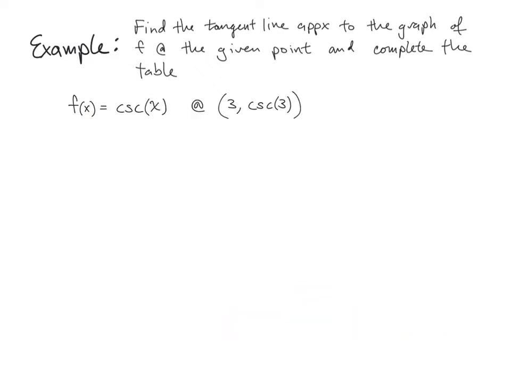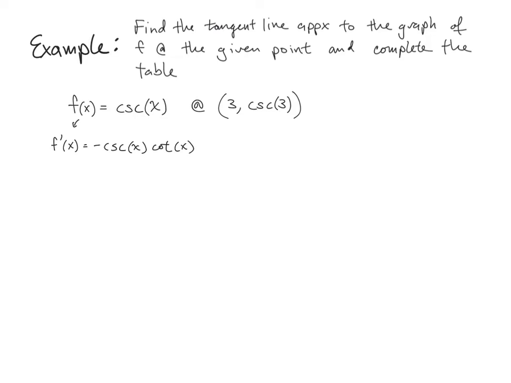So for the second example here, we are going to find the tangent line approximation to the graph of f, this time being, everybody's favorite trig function, at the given point, and complete the table. So again, the first thing we want to do is find the derivative. So f prime of x is negative cosecant x cotangent x.